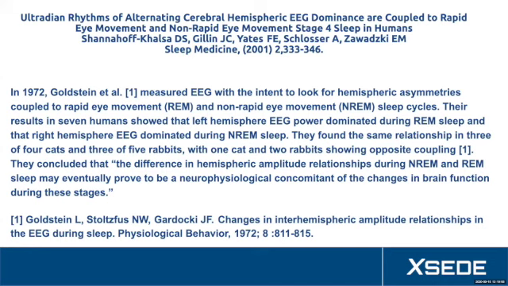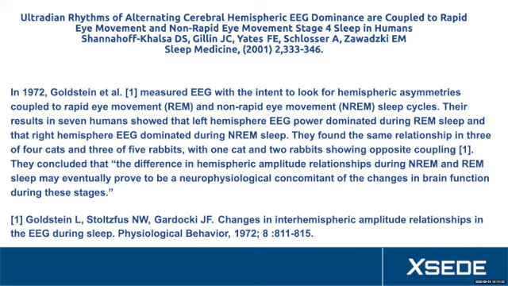In 1972, Goldstein et al. measured EEG with the intent to look for hemispheric asymmetries coupled to rapid eye movement and non-rapid eye movement sleep cycles. Their results in 7 humans showed that left hemisphere EEG power dominated during REM sleep and that right hemisphere EEG dominated during non-REM sleep. They found the same relationship in 3 of 4 cats and 3 of 5 rabbits, with 1 cat and 2 rabbits showing opposite coupling.